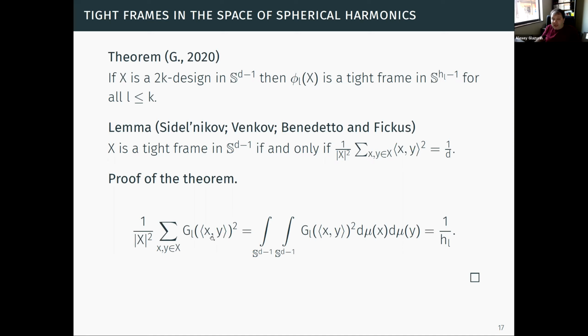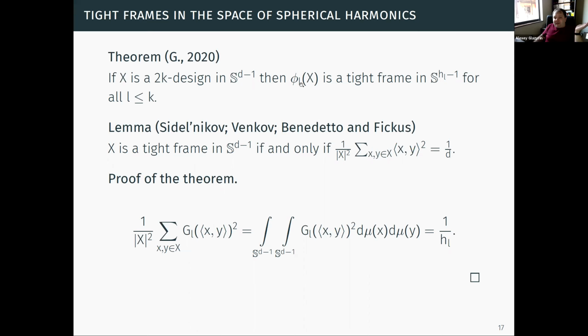And since it was a design at the beginning, instead of looking at the sum, we can actually look at the integral of the Gegenbauer polynomial with respect to the normalized Lebesgue measure. And this is something we can find. It follows from the definition of zonal spherical functions of Gegenbauer polynomials. So that's essentially the whole proof.